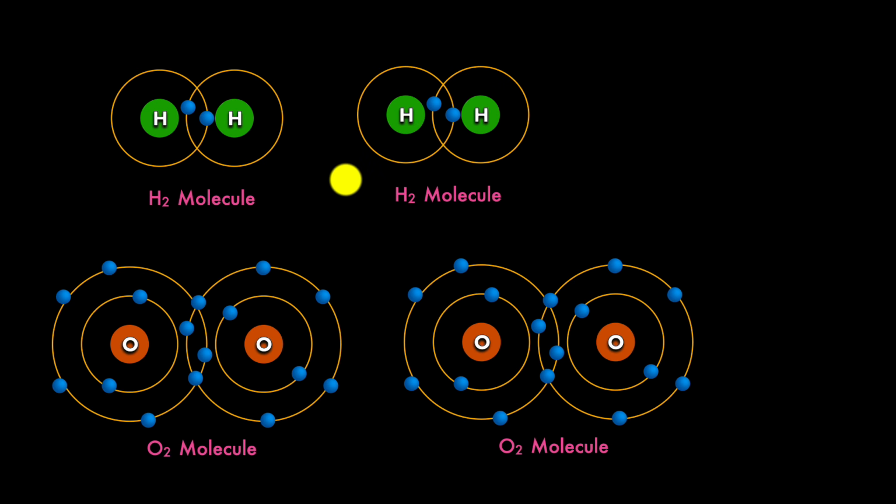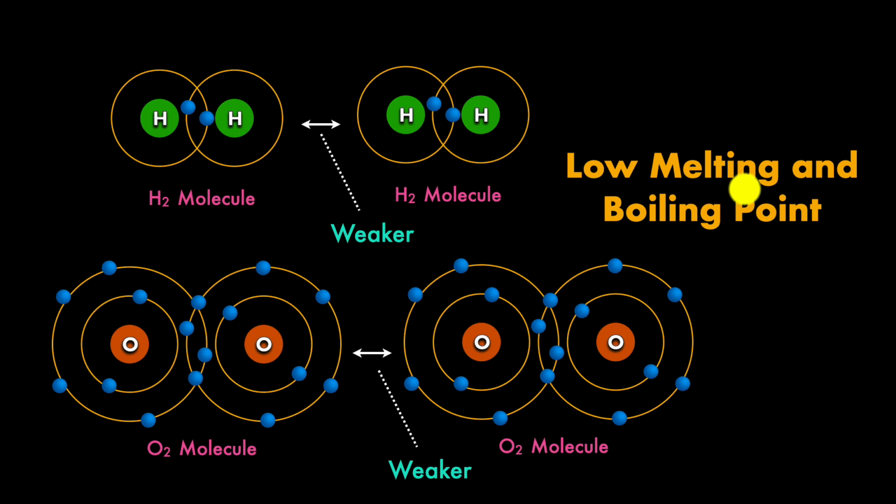These are much weaker. So the force of attraction between molecules is much weaker than the force of attraction between the atoms themselves. Therefore, it takes only a little bit of energy to separate these molecules, which means we would expect these nonmetals to have very low melting and boiling points.